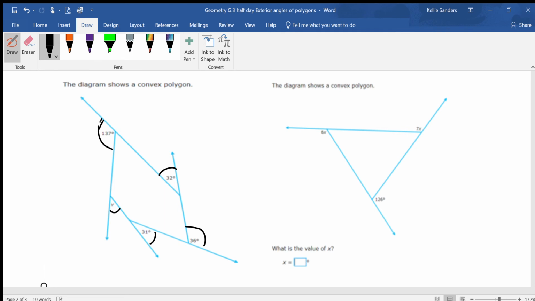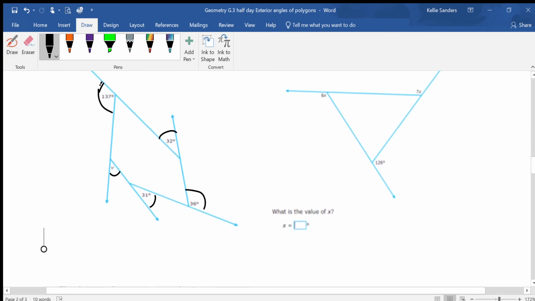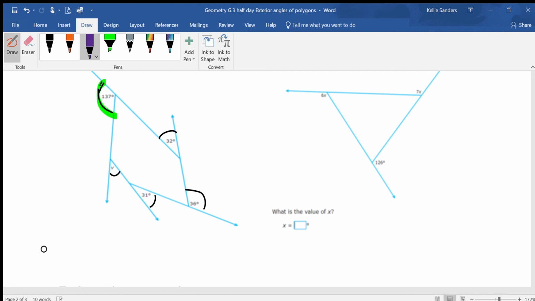What do we know about exterior angles? That they add up to 360. I'm going to write that down. Okay, let's see what I want to do. So this one, and let's get green for it. So I have 137. Yellow would be this one. I guess I'll just have to use orange for it. Plus 32. This one, which would be blue, plus 36.